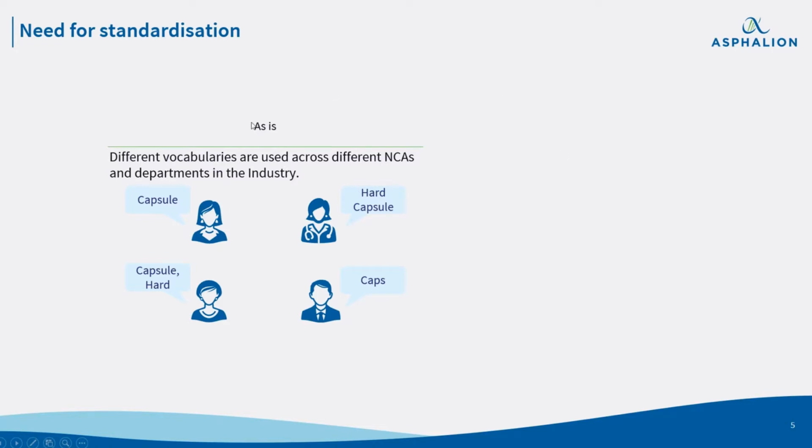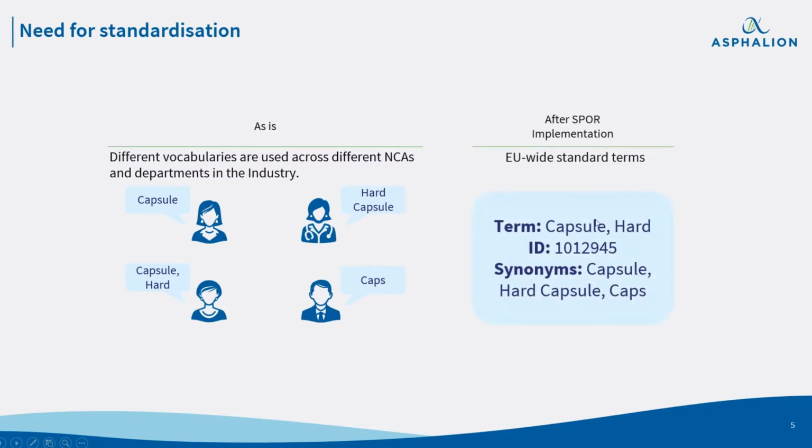So a way of standardizing this, and this is something that you will see a lot in the future, is using IDs. Instead of saying this is hard capsule, or capsule, hard, we are just using this ID. So when it's not the persons talking, but machines speaking with machines, they refer to this ID.